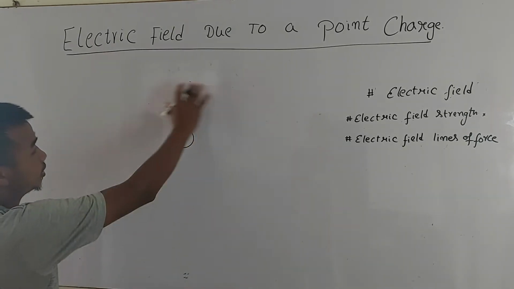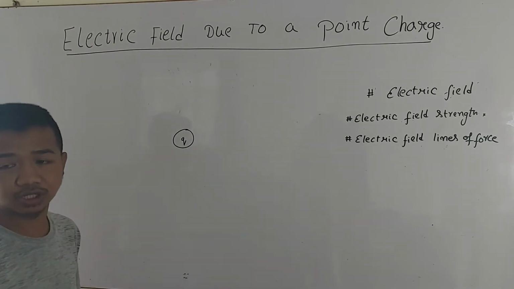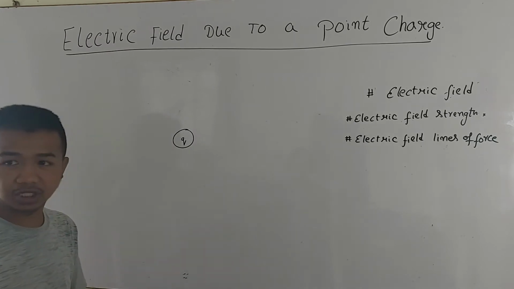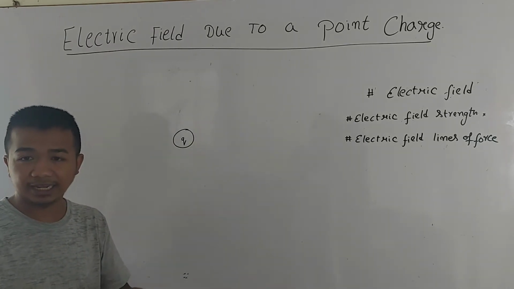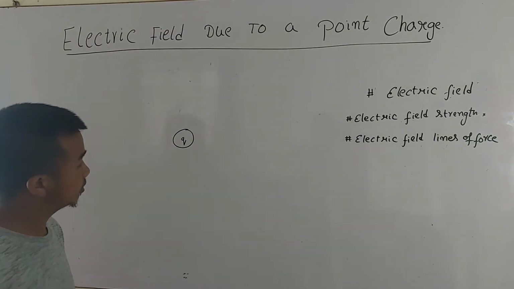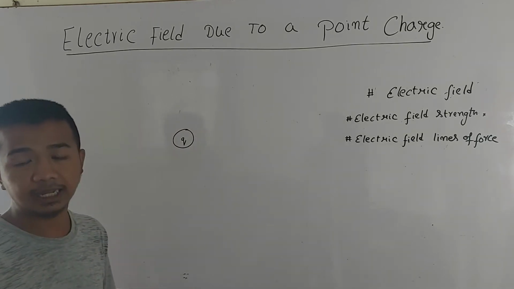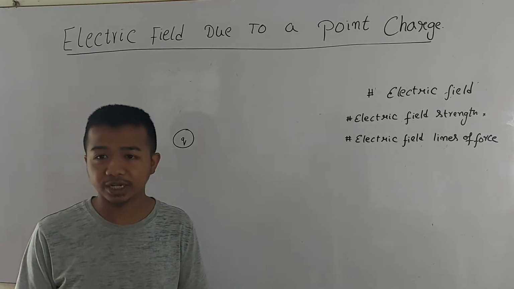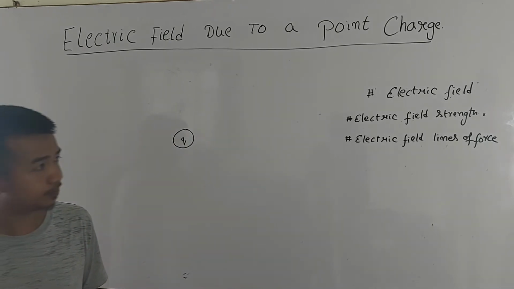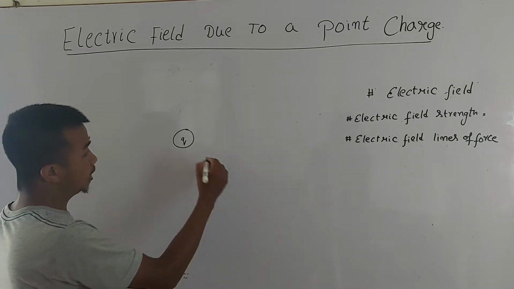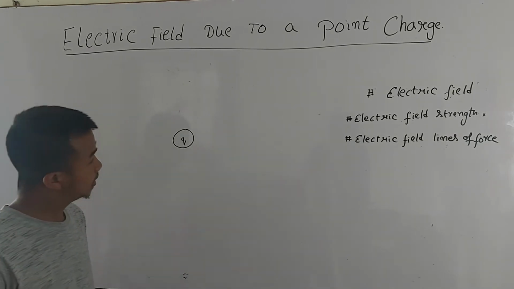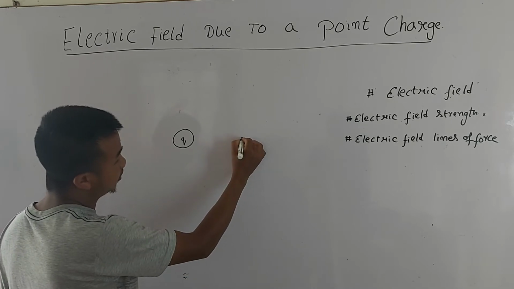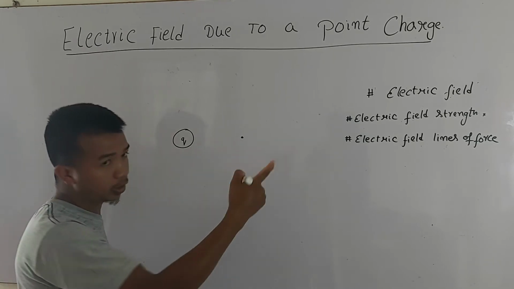So the region around a charge or a system of charge where a test charge experiences an electrostatic force of interaction is called electric field. The question may arise, what is the strength of that electric field? The electric field differs from one point to another.